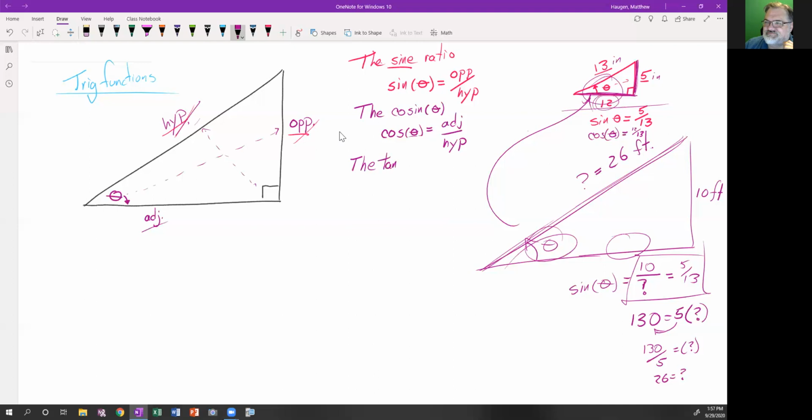The tangent function. I should have just said the cosine ratio. The tangent ratio, or function, which we abbreviate tan.